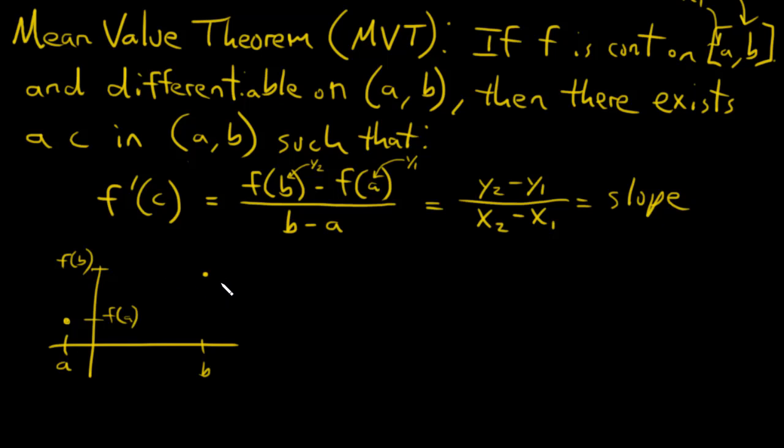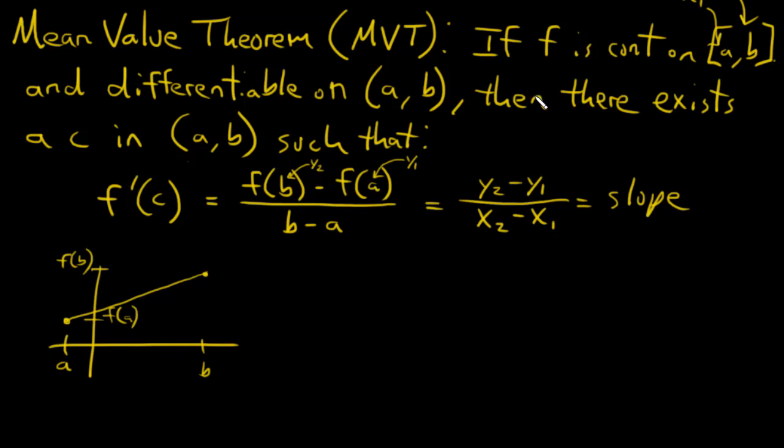Okay, so the slope is this value right here. This slope is my f of B, y2, minus f of A, y1, over B minus A. That's what that is.